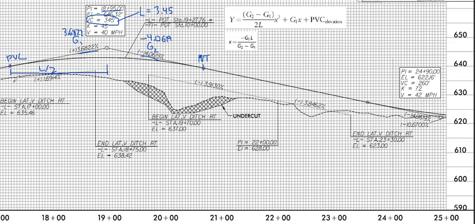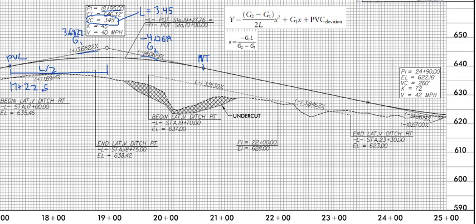So we're going to take 1895, subtract off the 172.5 feet, or 1.725 stations. And we're going to get a station of that PVC of 17 plus 22.5.